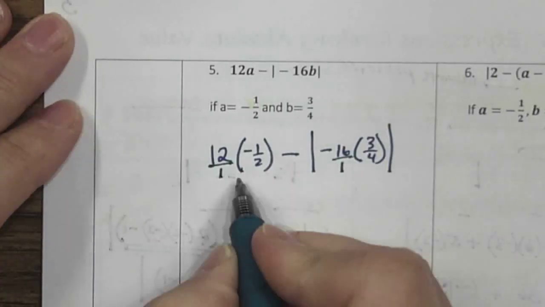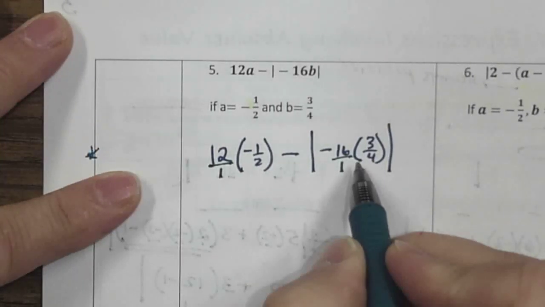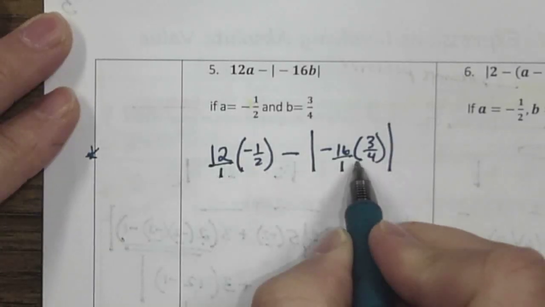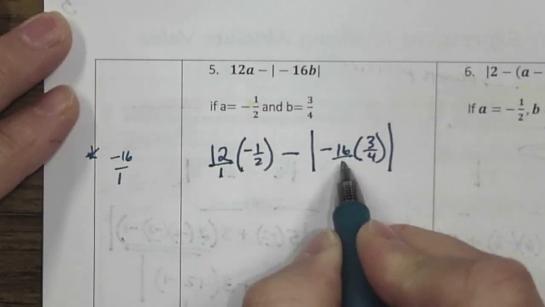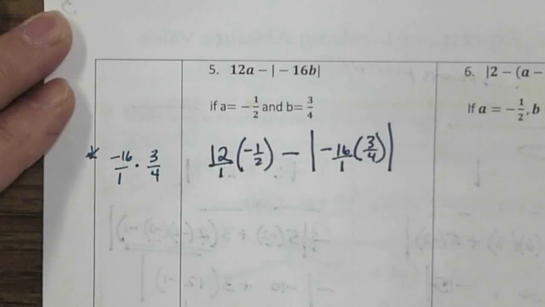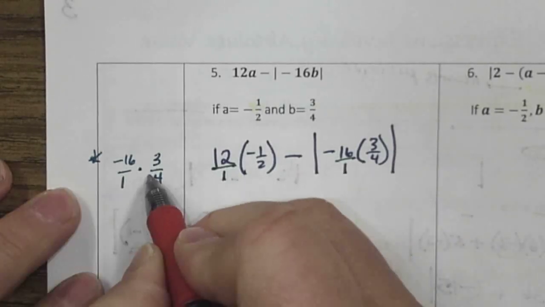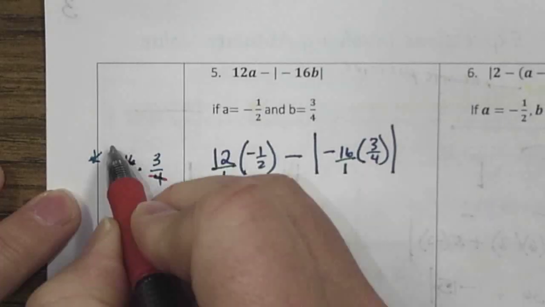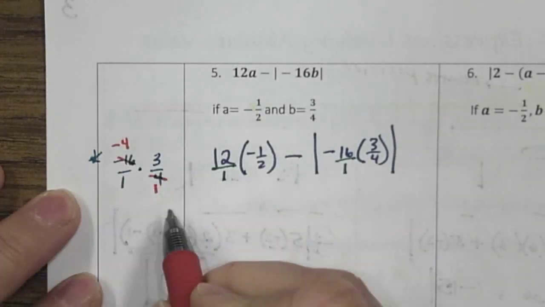Okay? And so let's come off to the side and do a little work here. What is negative 16 over 1 here times 3 over 4? Once you make it into fractions like that, you can do some cross-canceling. 4 goes into 16 4 times. 4 goes into 4 once.